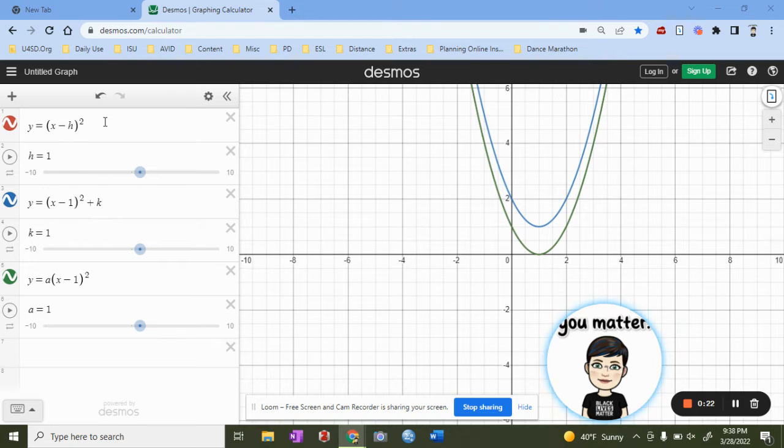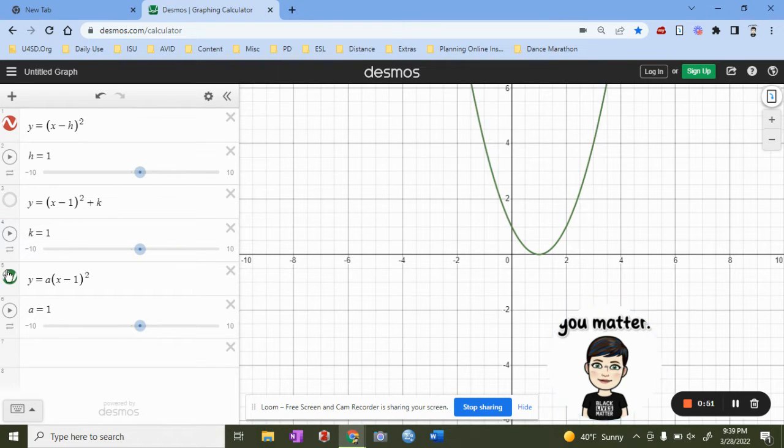You can see here on my Desmos screen I have set up some different representations of a quadratic equation. So in this part here, y equals x minus h squared. You can see I have a slider for h, so we're going to look at how changing the h value will impact our graph.